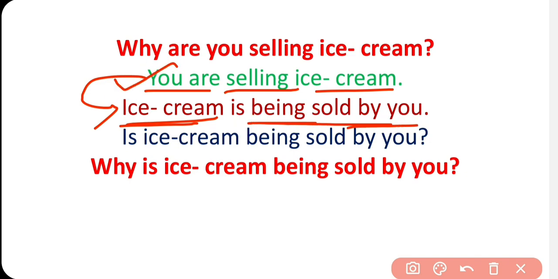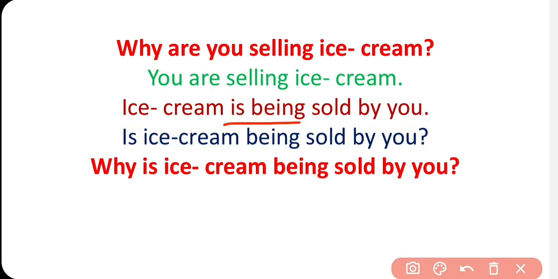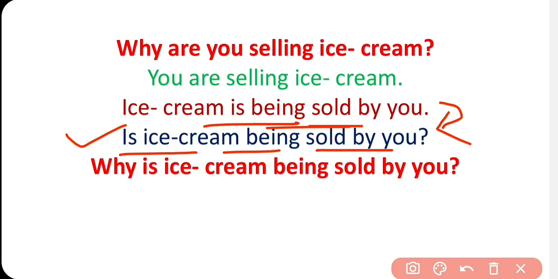The sentence is in present continuous. That's why you have to change it according to the rule of the present continuous tense, which I have already discussed. Then you have to make it passive of the interrogative sentence, yes no type question. Is ice cream being sold by you?